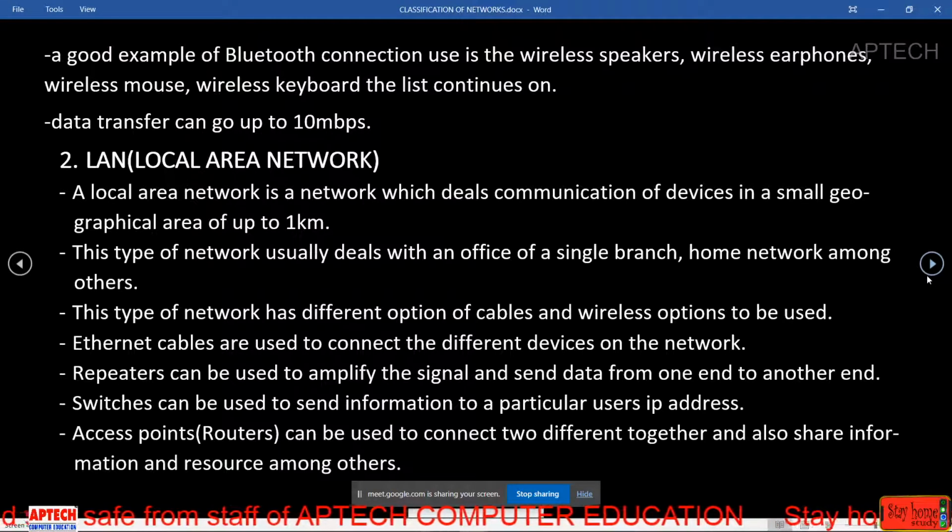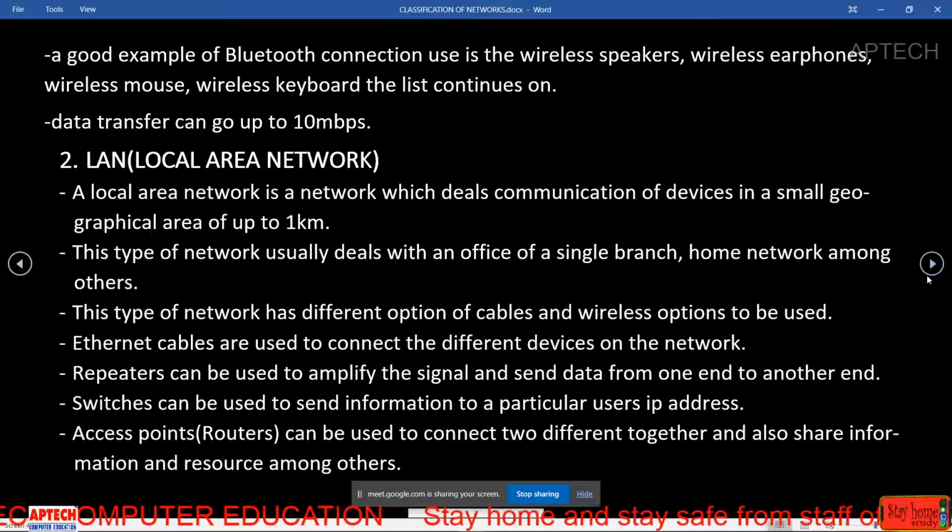Then there are local area networks. This one is the most common for small businesses and branches of banks. What else?